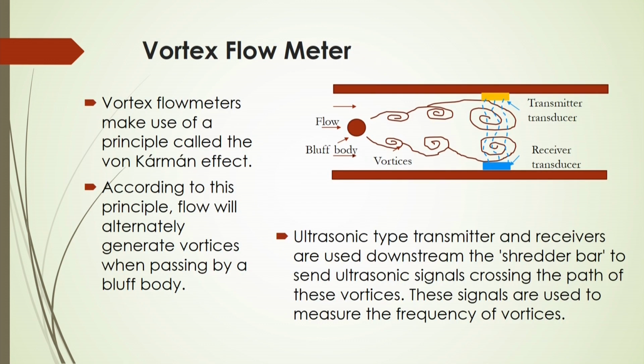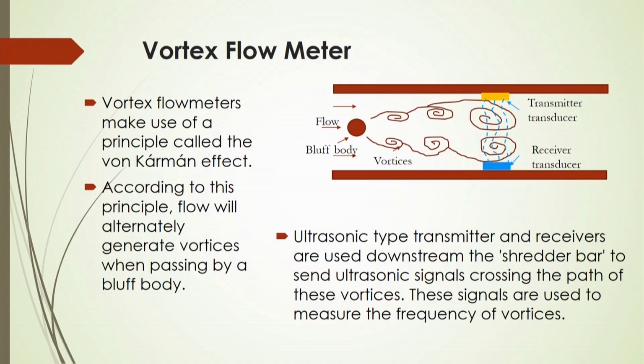Now, another important flow meter is called the vortex flow meter. We have already discussed that if there is an obstruction to the flow, sometimes called a bluff body, then in the downstream position of this bluff body there will be a formation of vortices, and how many vortices are formed depends on the flow rate.